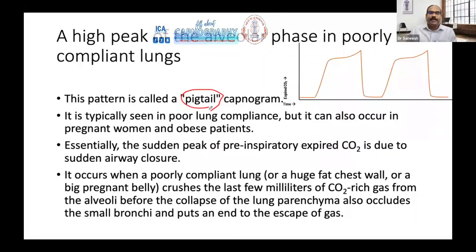So essentially the sudden peak of pre-inspiratory expired CO2 is due to sudden airway closure, as it happens in obesity. It occurs in a poorly compliant lung. It expels the last few milliliters of CO2-rich gas from the alveoli before collapse of the lung parenchyma. That's how you get a slight upstroke, the pigtail capnogram.